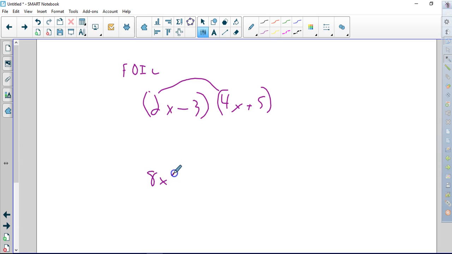Don't forget that's going to be squared, because that's a 1. And I do the outside. 2x times 5 is 10x. Then I do the inside. And I get negative times positive, negative. 3 times 4 is 12, and the x just tags along. And then I do last. And I get negative 15.